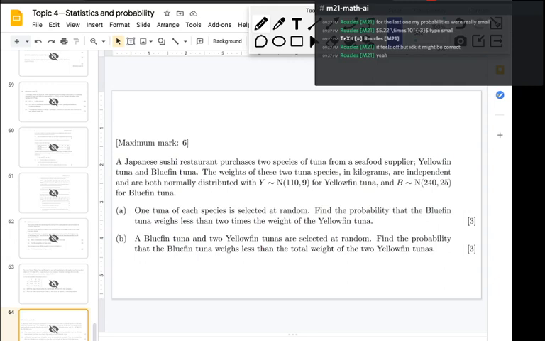Basically, let me read the question. A Japanese sushi restaurant buys two species of tuna from a single supplier, yellowfin tuna and bluefin tuna. The weights of these two tuna species are usually normally distributed. So this one is combination and transformation.